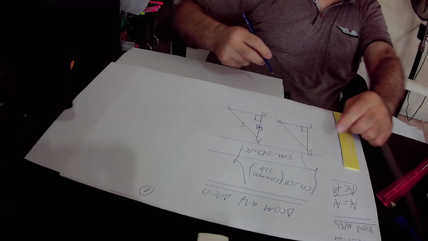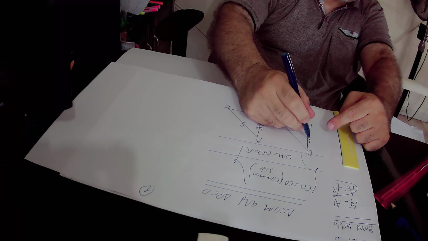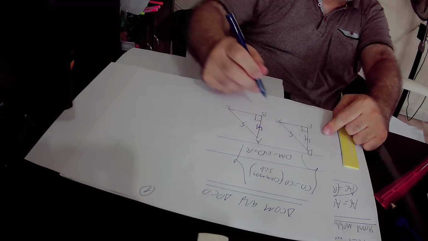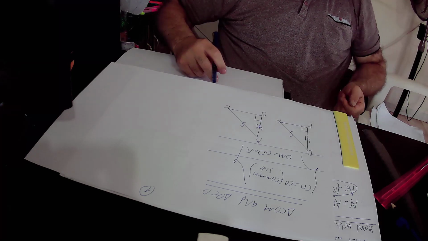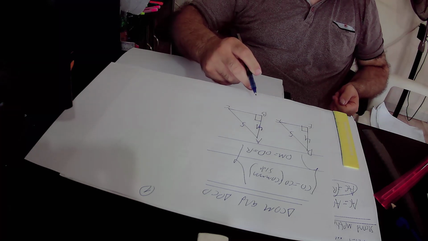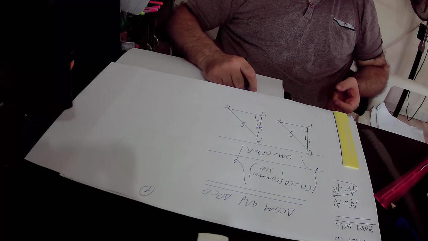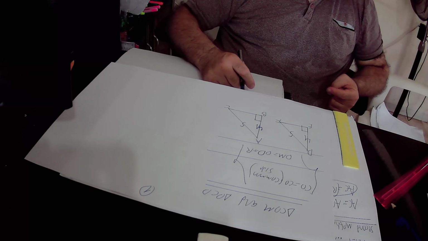And we know that the perpendicular DE equals 4 units and the hypotenuse DF equals 5 units. So in those two right triangles, the perpendicular and the hypotenuse are congruent. Therefore, the third side must also be congruent.